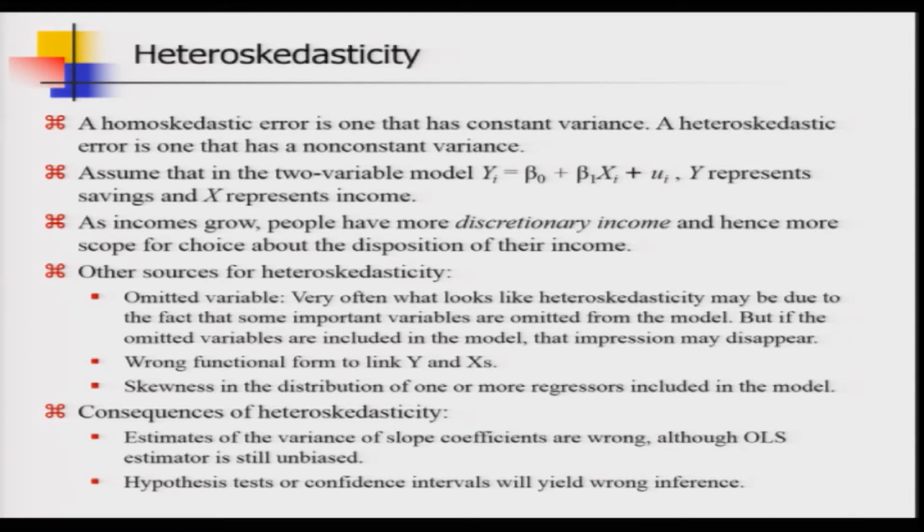Now, let us have a look at a simple graph which shows the presence of heteroscedasticity in the data, and I am going to show you only a simple case, based on the savings and income story with which I started the discussion on heteroscedasticity.